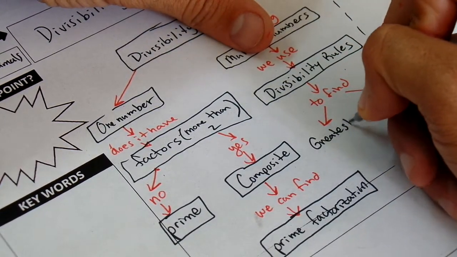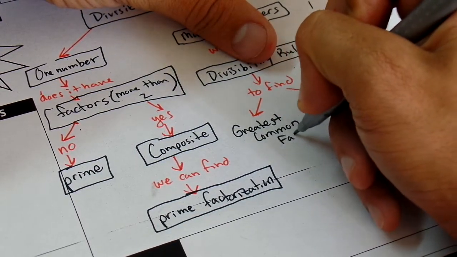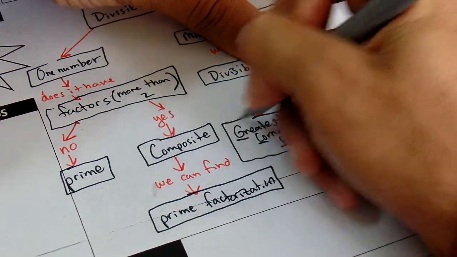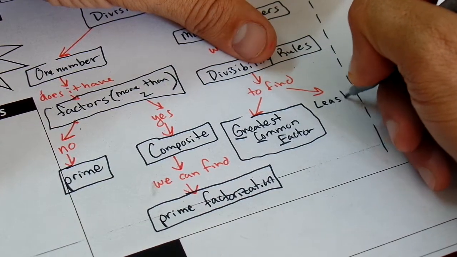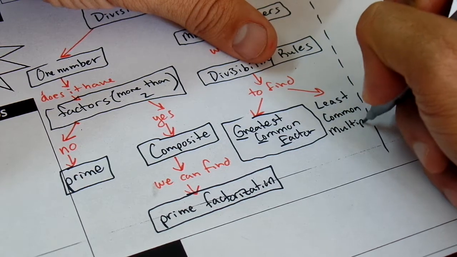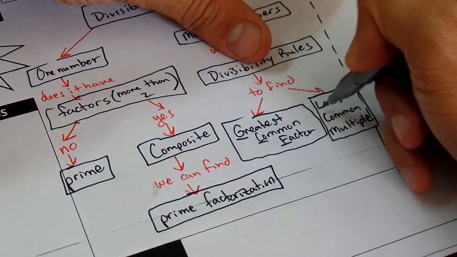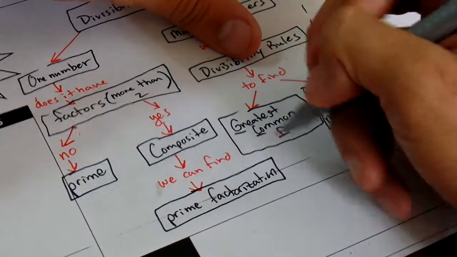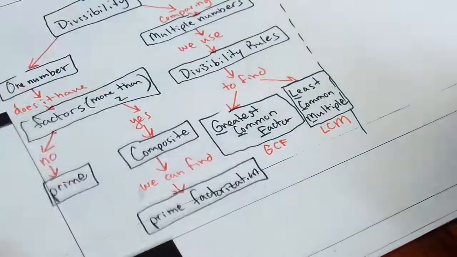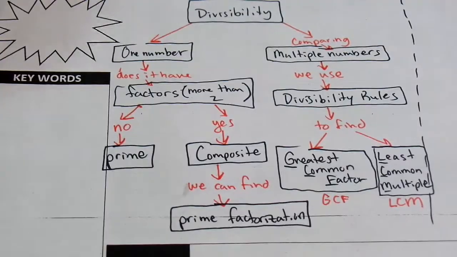Greatest common factor, which is GCF, or we can find least common multiple. Running out of room here. We call that LCM. So this is the GCF and LCM. Okay? So our divisibility unit is everything connected like this.